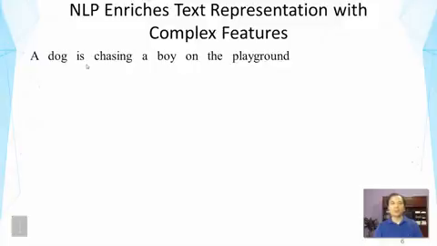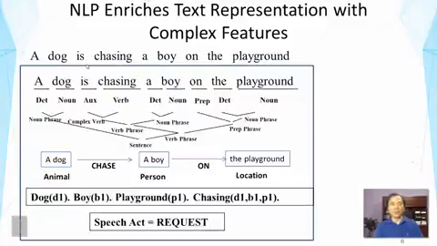For example, this is a simple sentence that I showed you a long time ago in another lecture. From these words, we can only derive simple word n-gram representations or character n-grams. But with NLP, we can enrich the representation with a lot of other information, such as part-of-speech tags, parse trees, or entities, or even speech act.